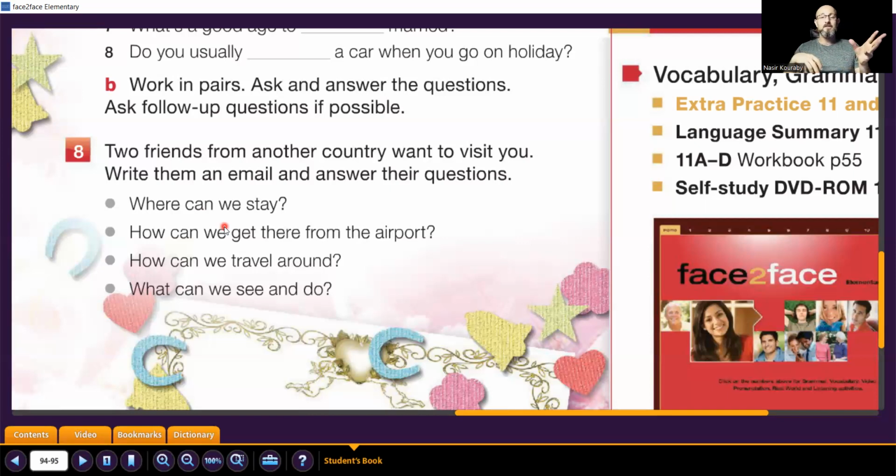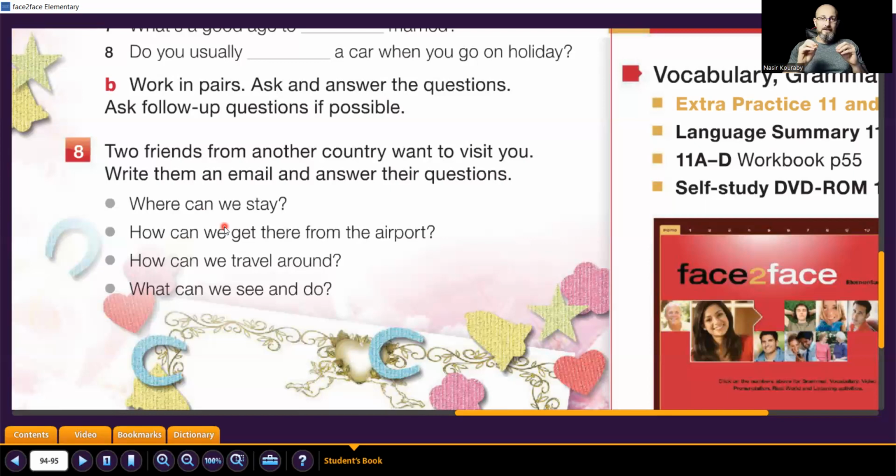If I want to go from city to city, maybe say, I have an extra car, my brother traveled and his car is here, you can use it. Okay. And what can we see and do? What other places they can go to? What activities they can do? So you write all of these things, okay?